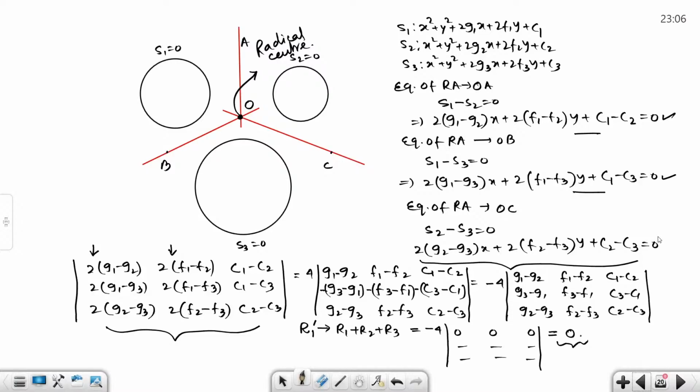Same like that, your radical center is also one point. That is, all the radical axes will be concurrent, and the point where all three radical axes meet is what is called your radical center. Is it clear? Okay. Now let us take one example based on the radical center.